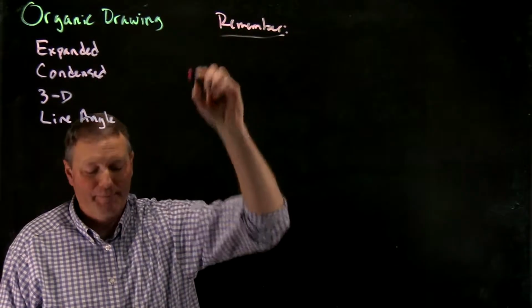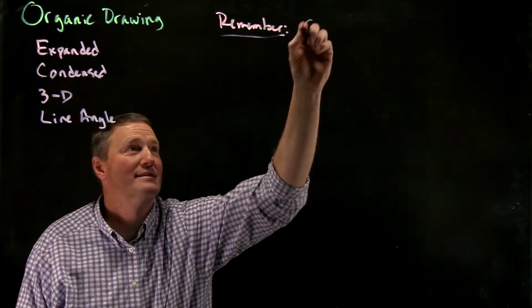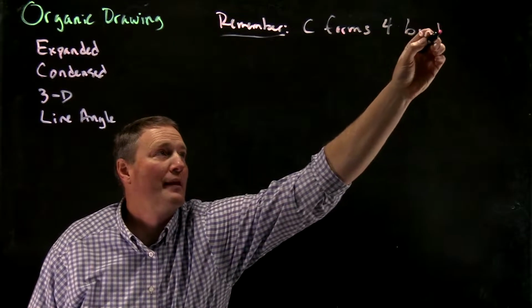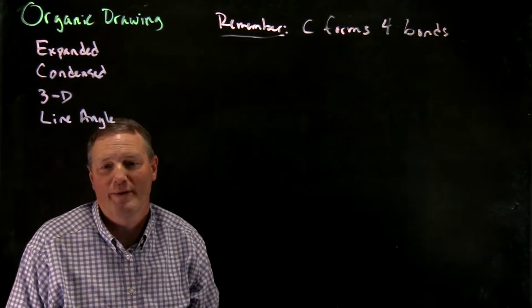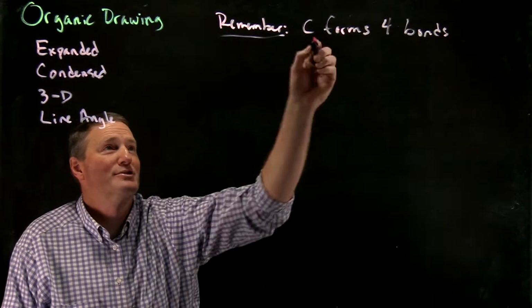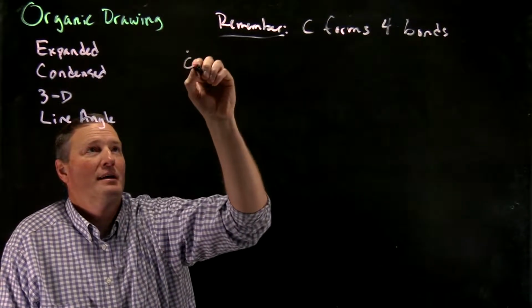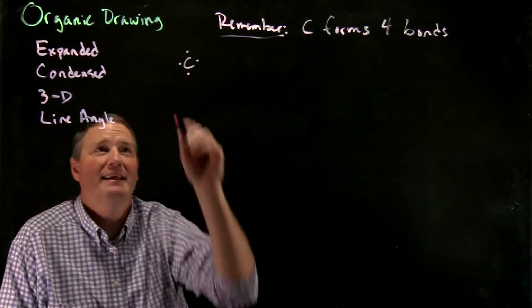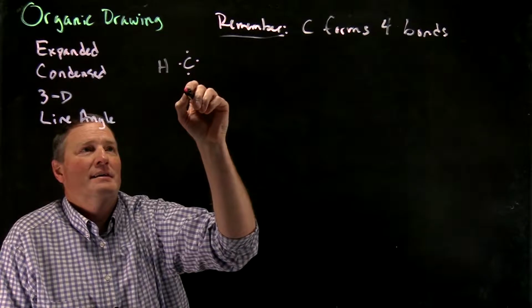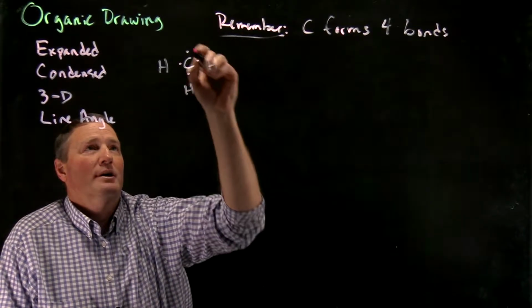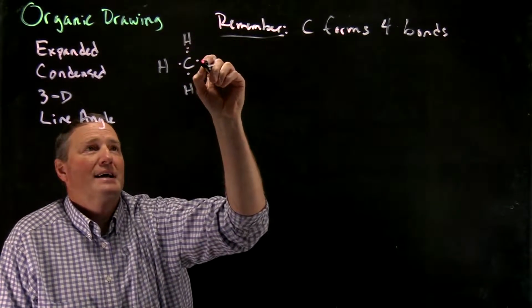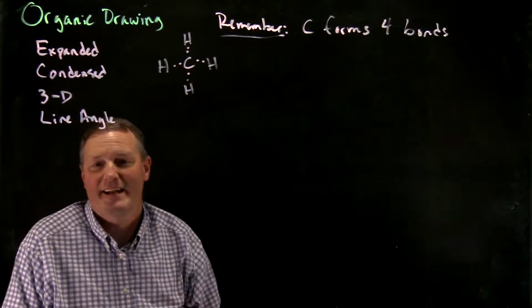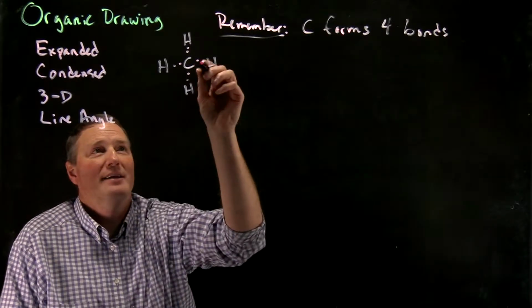so remember the following. Carbon likes to form four bonds. Okay, and that's because carbon has four valence electrons. So when we draw a Lewis structure, carbon is going to have four valence electrons, and a simple molecule like methane, which is CH4, is getting the extra electron from each of the hydrogens to then give the carbon a total of 8, satisfying its octet, and then we have two bonds shared.